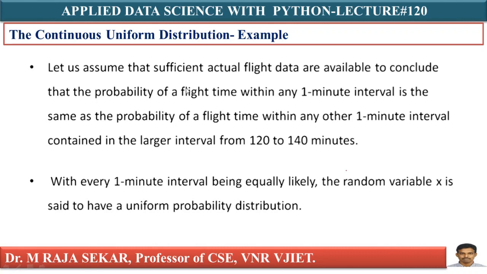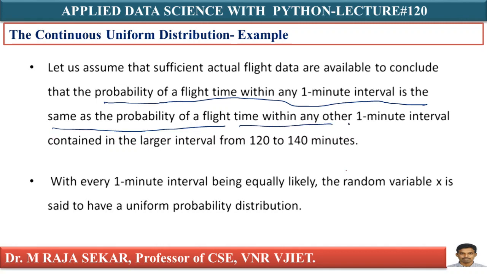Let us assume that sufficient actual flight data are available to conclude that the probability of a flight time within any 1 minute interval is the same. This point is also very important. He is saying that the probability of flight time within any 1 minute interval is the same as the probability of flight time within any other 1 minute interval.